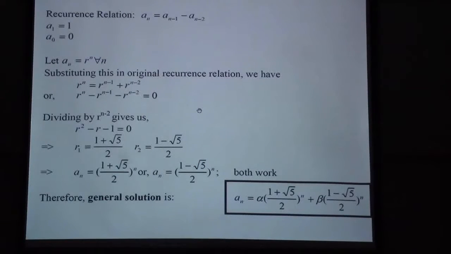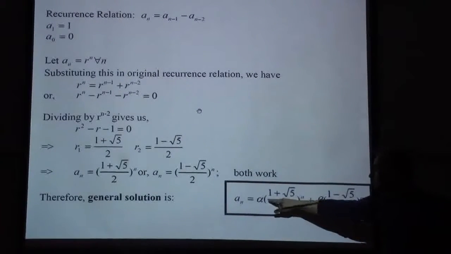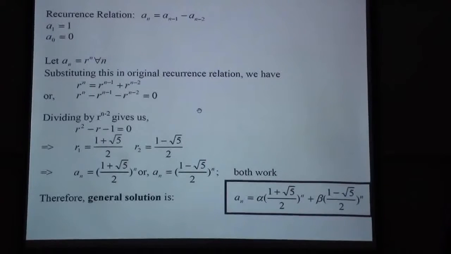And so they're both solutions, and so is any linear combination. You can add them to each other, and you can multiply them by any number. And that is the general solution. Who can tell me what the general solution means? It works for all initial conditions. Say again? It works for all initial conditions. No, it works for none of the initial conditions.